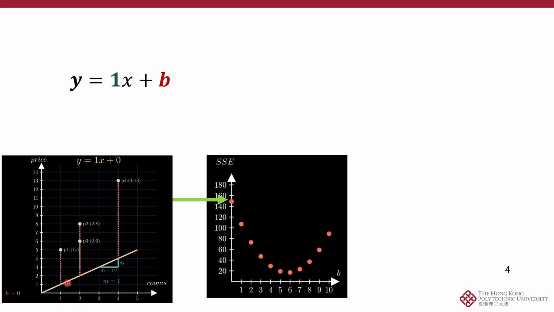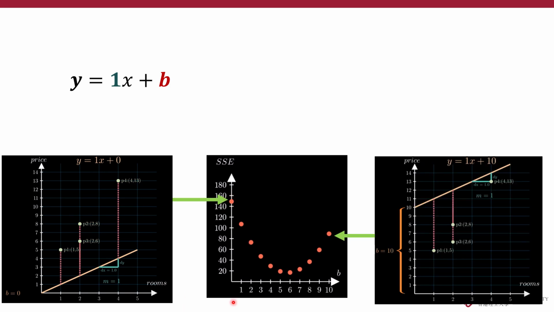We sum up all the errors together and get 140 something or 150, I can't remember well. Then we try another, b equals 10. We sum up all the errors again, and it should be 80 something.